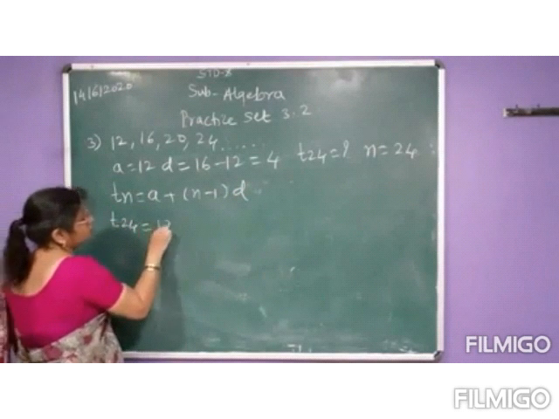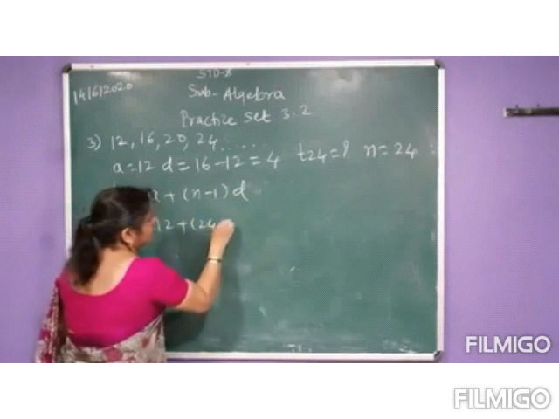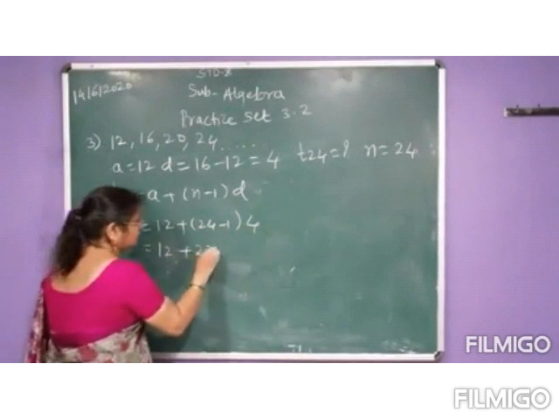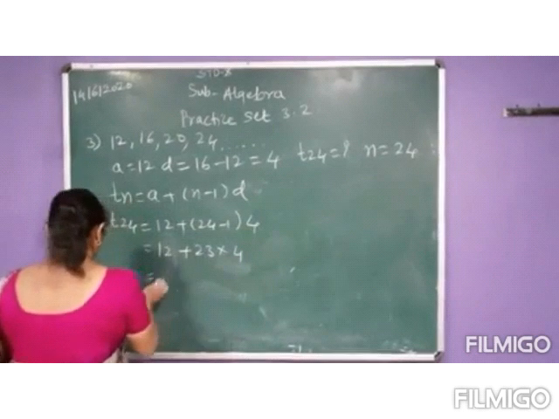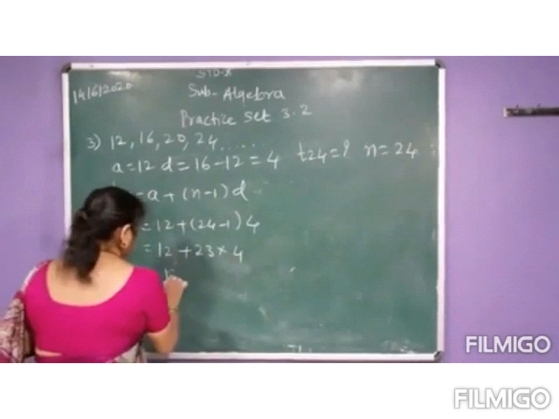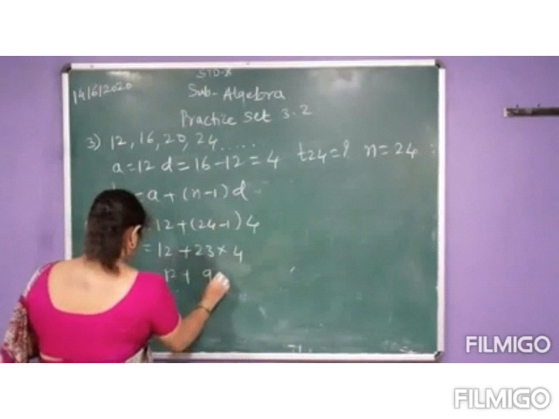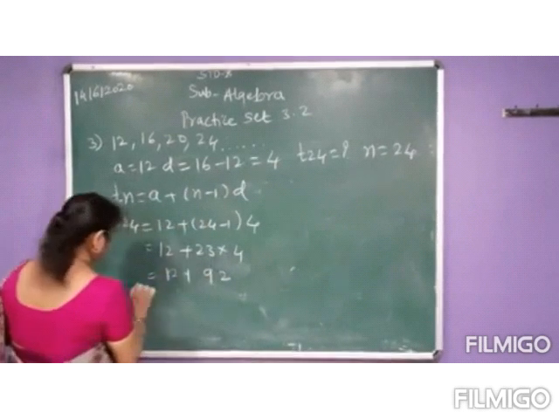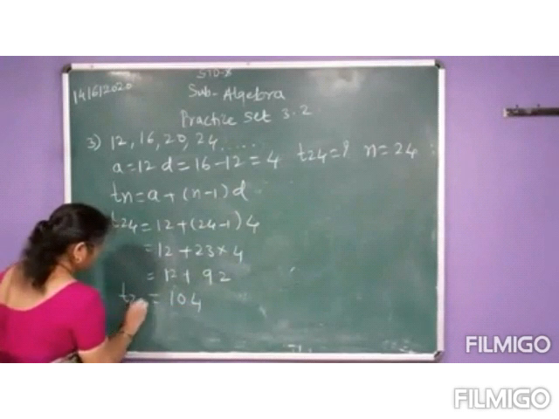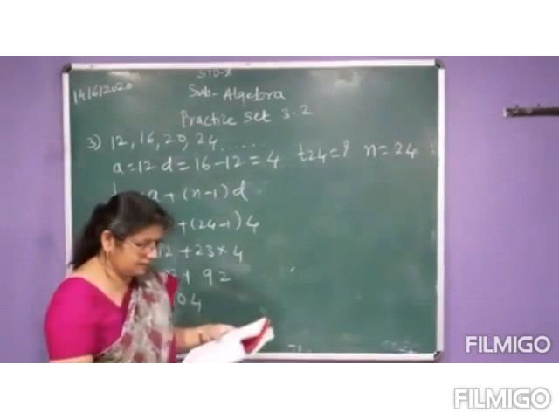T24 is equal to 12 plus 24 minus 1 into 4, that is 12 plus 23 into 4. So you will get 12 plus 92, that is 104. T24 is equal to 104.